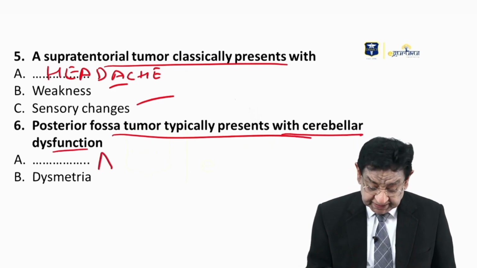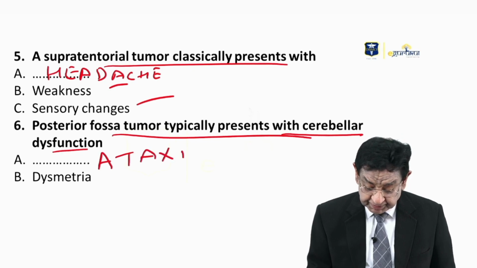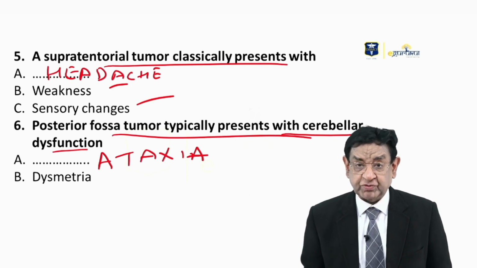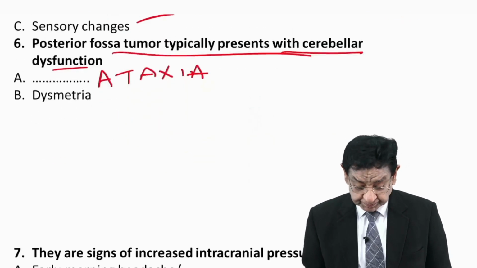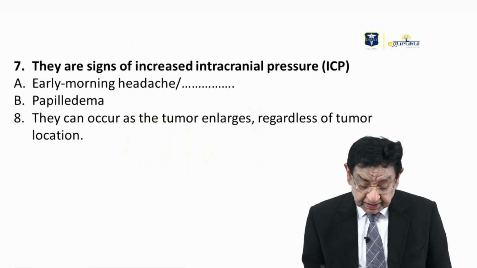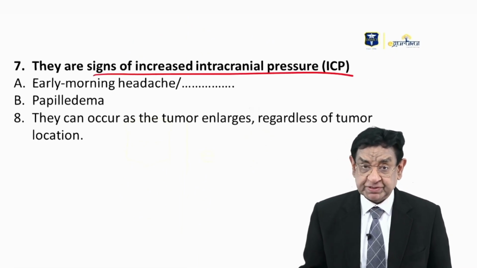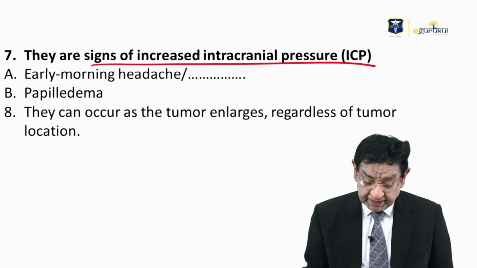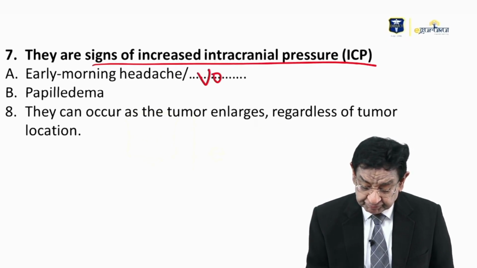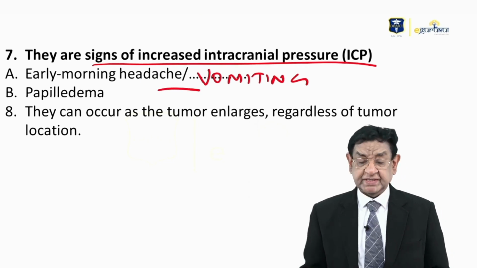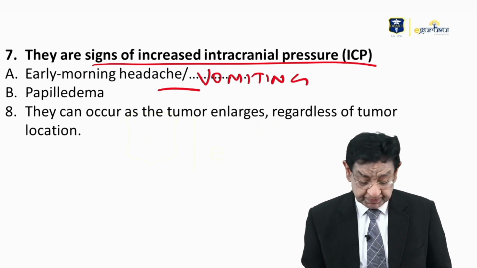They come with ataxia due to involvement of the cerebellum, and dysmetria. Of course, headache can be there. There are signs of increased intracranial pressure whenever a brain tumor is there: early morning headache and vomiting. It's a classical feature that we see in a case of brain tumor.